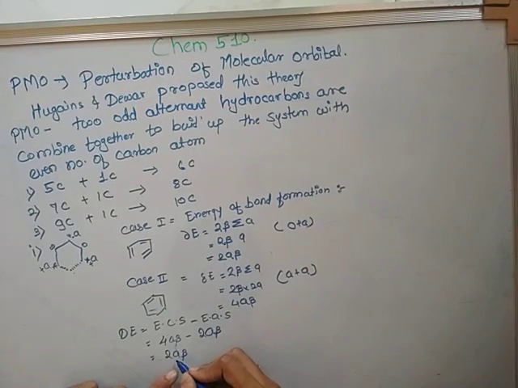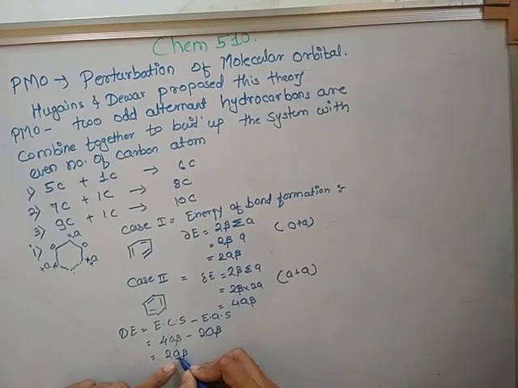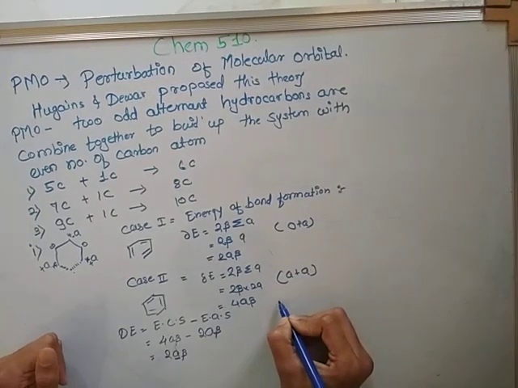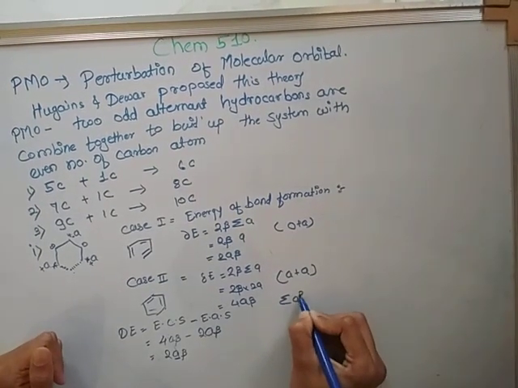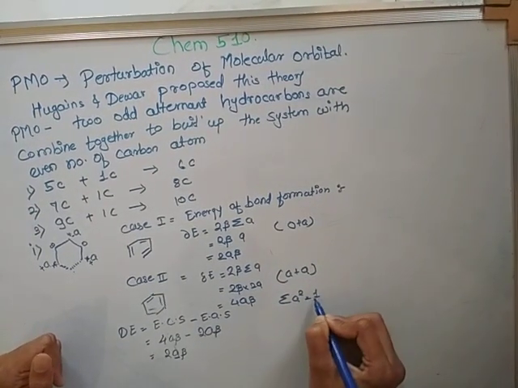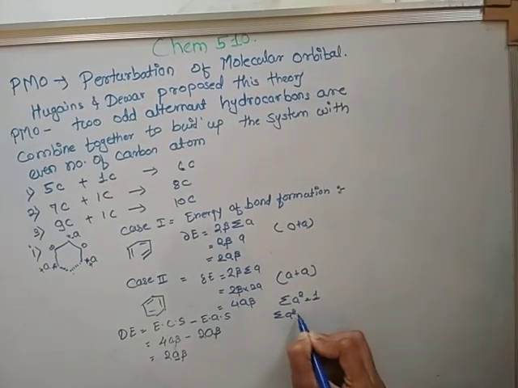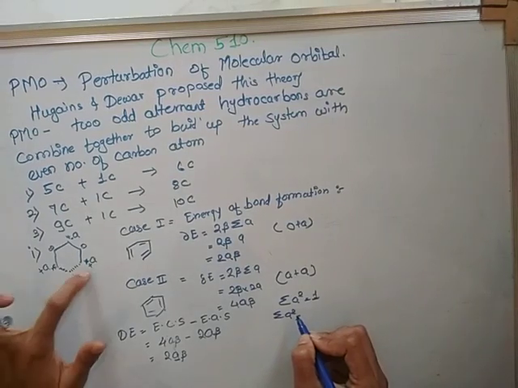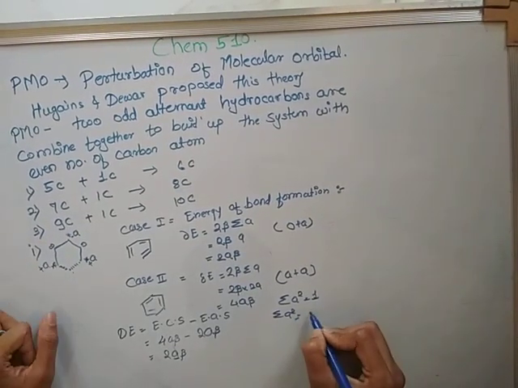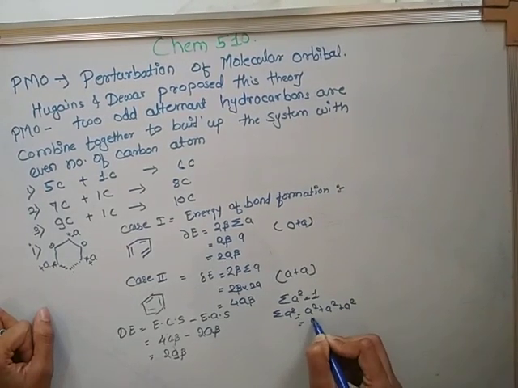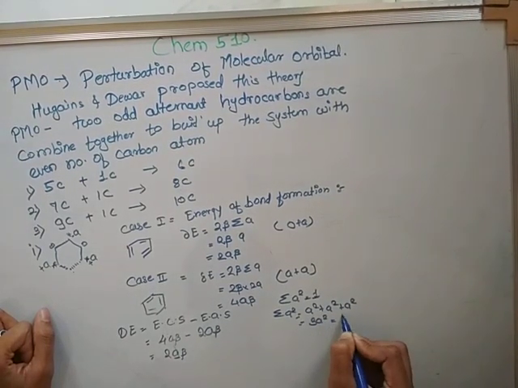Now for the calculation of A, we have to calculate charge density. Charge density is the summation of A square, which is equal to 1. We know that. So summation of A square is A square plus A square plus A square, which is 3A square, equal to 1.